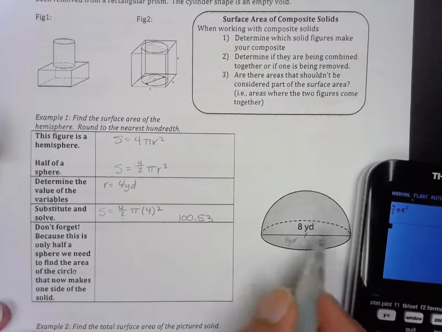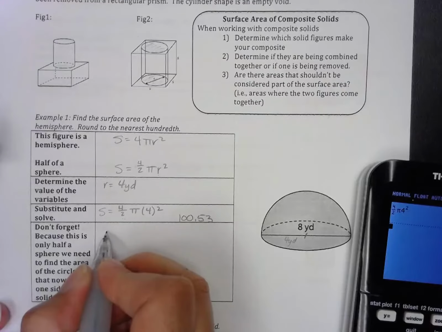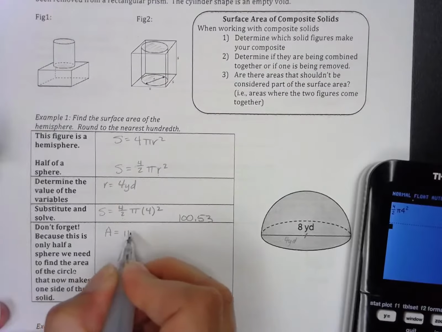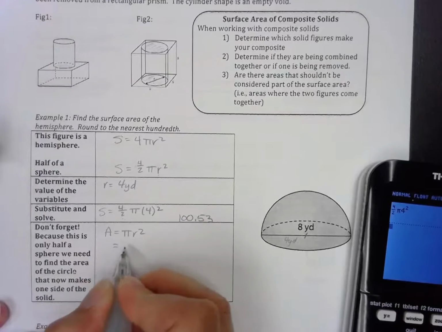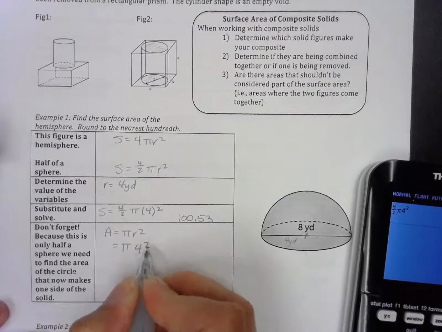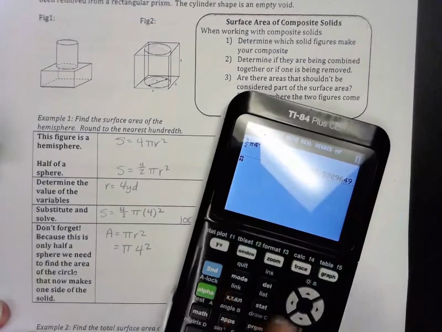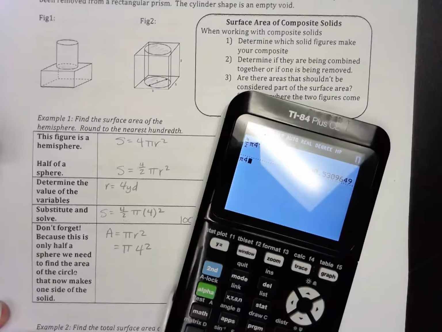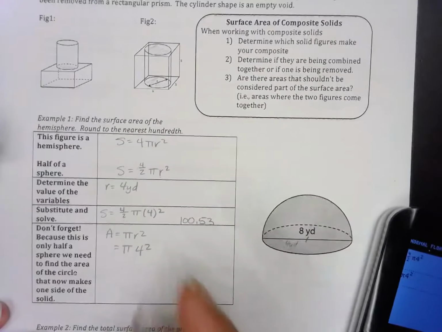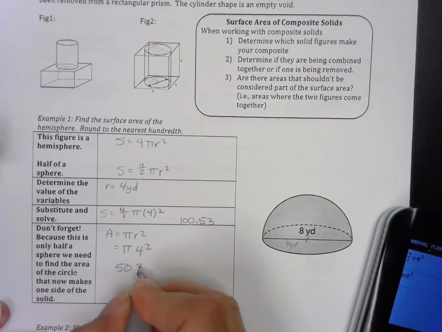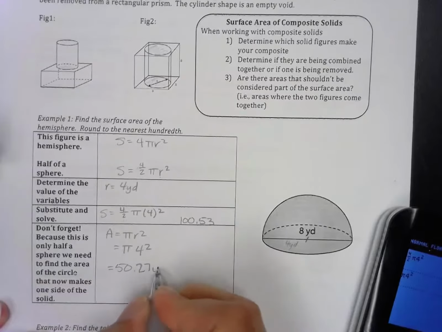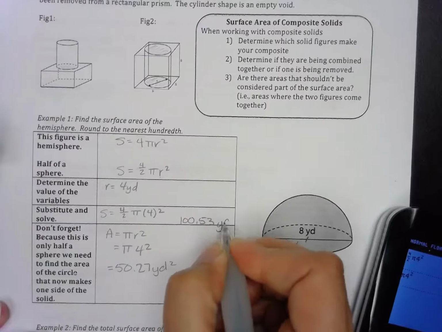We also need to find the area of that flat bottom. So what we'll need to do is the area of a circle, which is pi r squared. So we'll go second pi 4 squared, and we'll find that it's 50.27. That's also in yards squared, and this is yards squared.